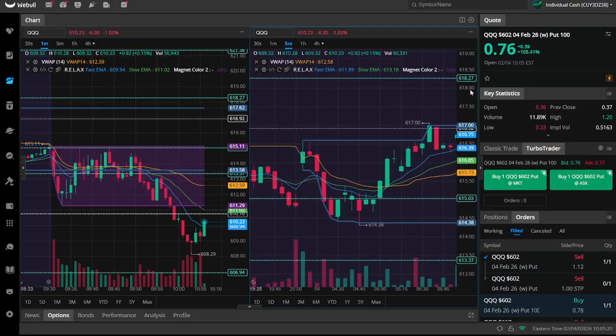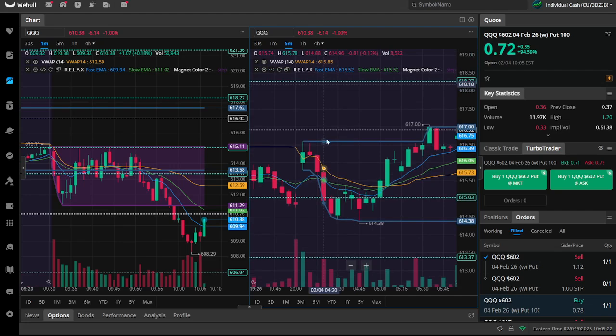But what I try to do is I try to mark things with dotted lines. I mark the previous day's high, the previous day's low, the previous day's close, if it's not already matched by something else that I marked.